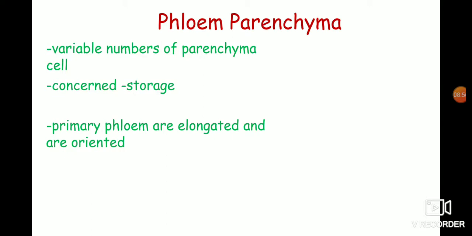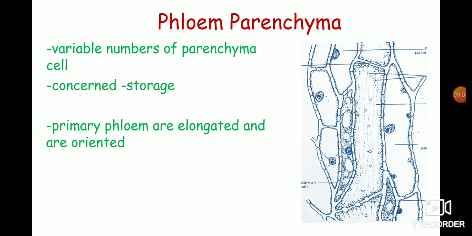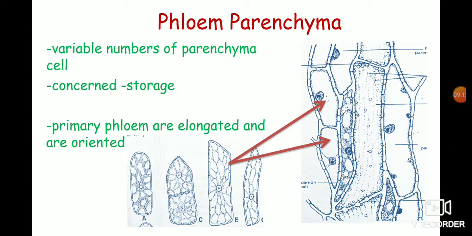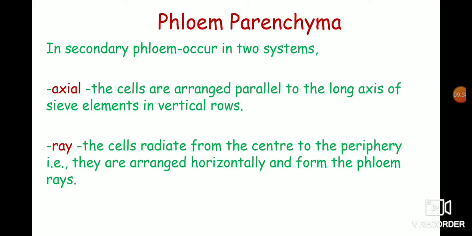The parenchyma cells of primary phloem are elongated and are oriented, that is they lie along the sieve elements. So these are the parenchyma cells that are present in the phloem, and they have the protoplasm and a prominent nucleus.